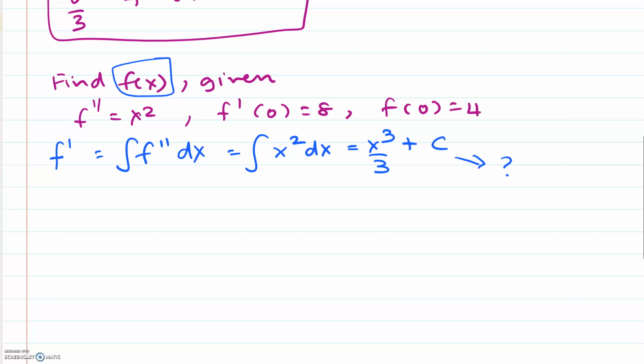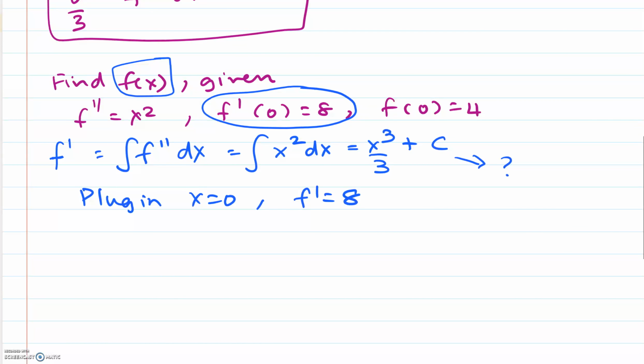We're going to use this initial condition when x equal to 0. So we will plug in x equal to 0, f prime equal to 8 using this condition. Right. So when you plug that in, 8 equal to 0 plus c, this will give c equal to 8. So we have f prime equal to x cubed by 3 plus 8.